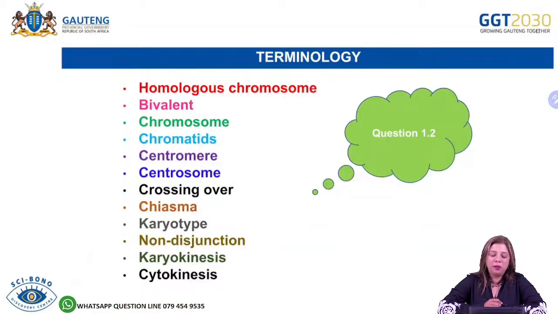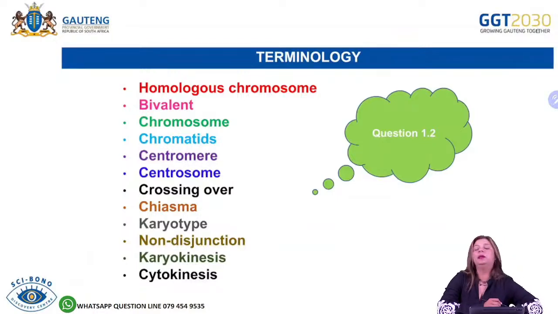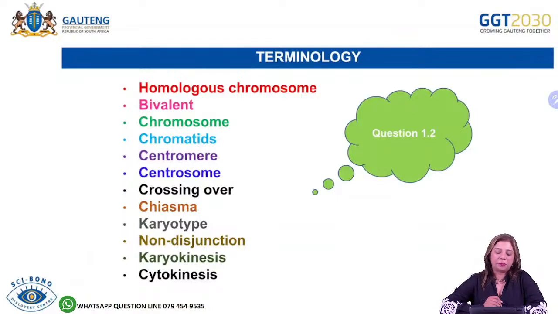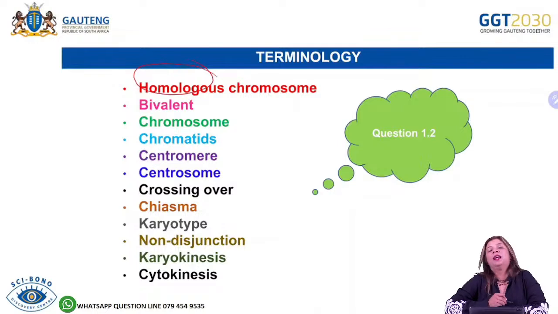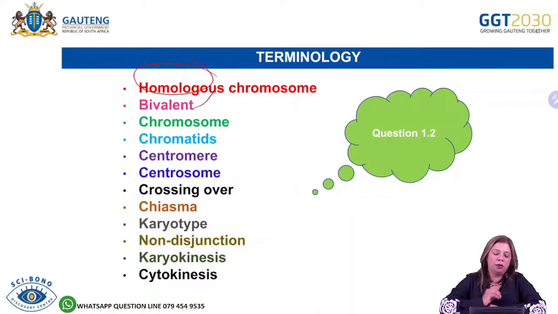So when it comes to the terminology with regard to meiosis, we have different terminology which learners tend to confuse. We're not going to go through each of them since this is a revision session, but we need to know, for example, homologous chromosomes. They are identical chromosomes. The genes are found at the exact same site. Bivalent is when they come to lie next to each other and crossing over occurs.